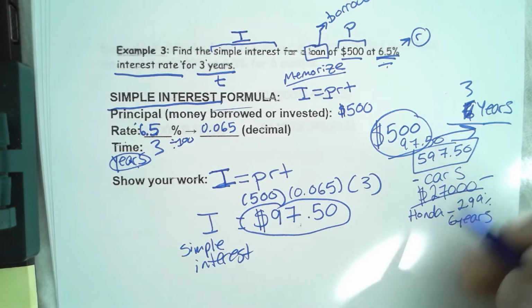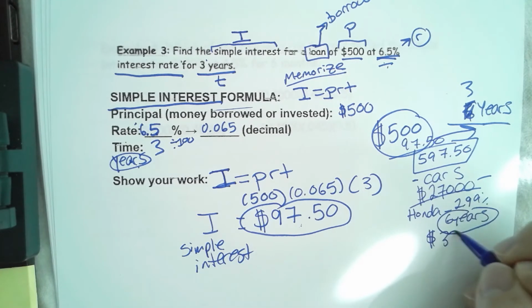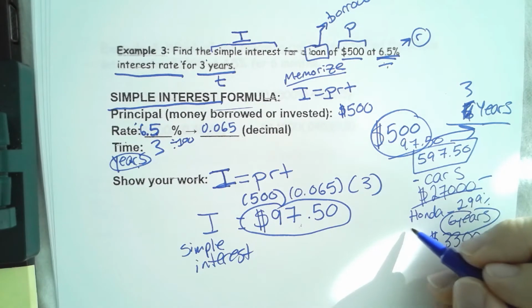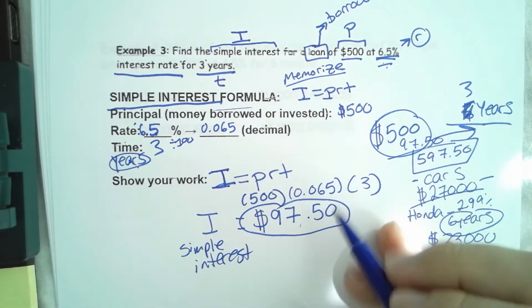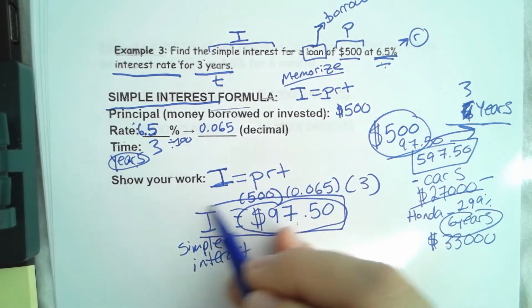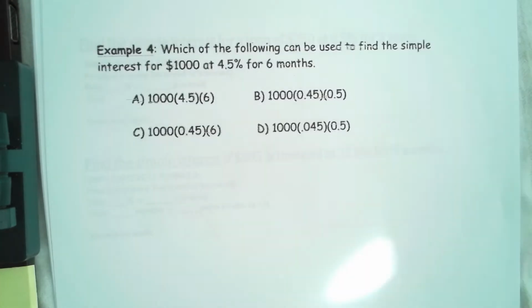And if it takes me the whole 6 years to pay them, I'm going to end up paying $33,000 total, after I pay simple interest. So the answer for this problem is you pay $97.05 in interest, simple interest.